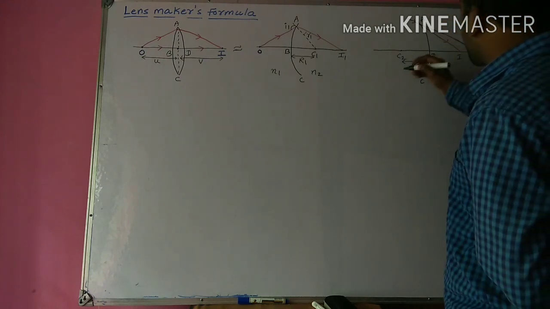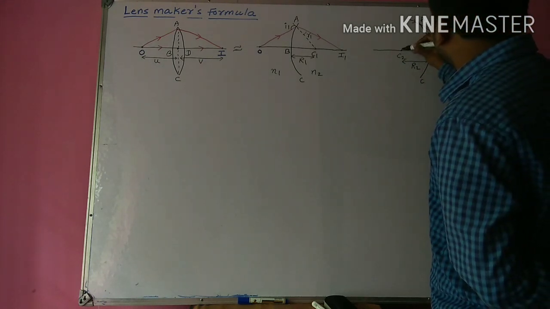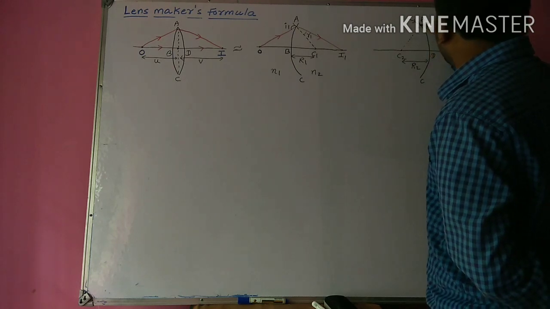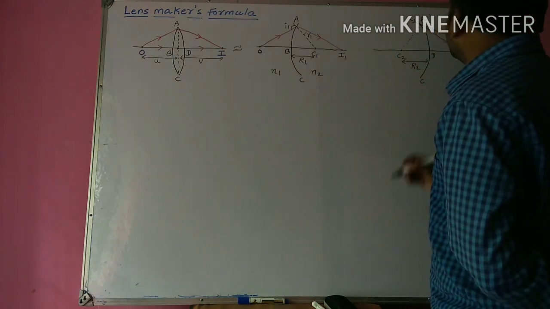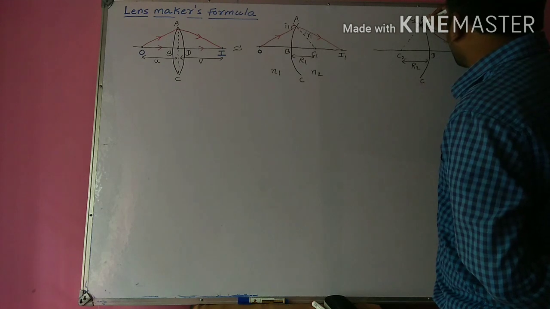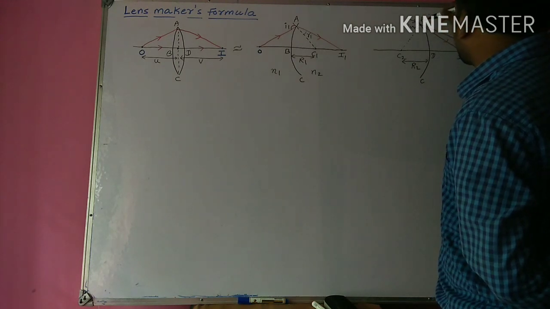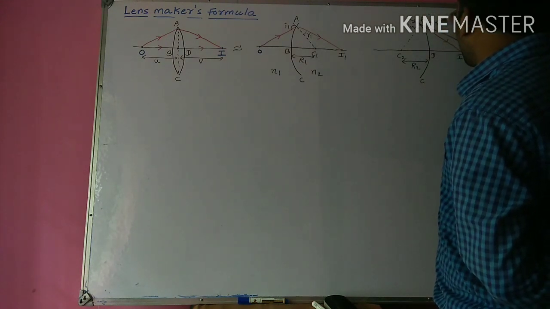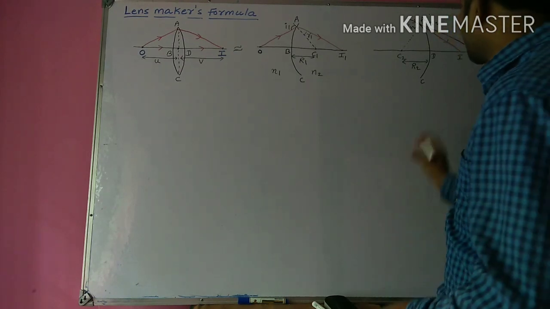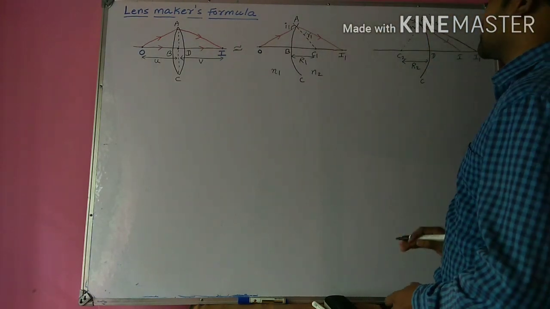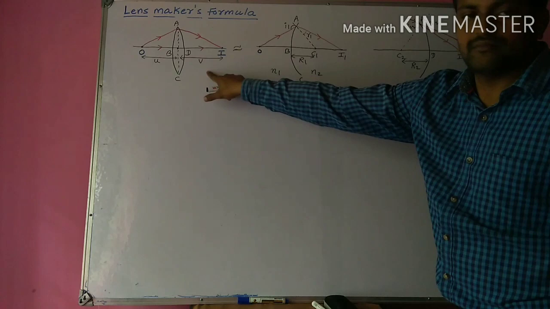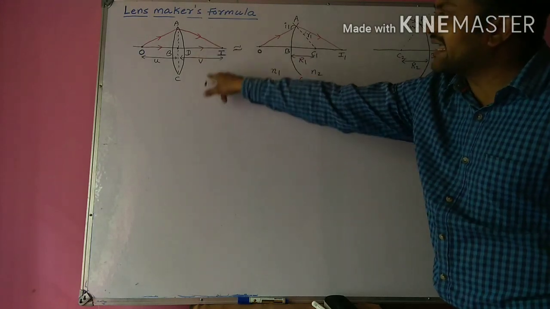Now, to draw the normal, we join the center of curvature and the point. This is the normal, and this is the angle of incidence for the second surface, I2, and this is R2. This is the main diagram.